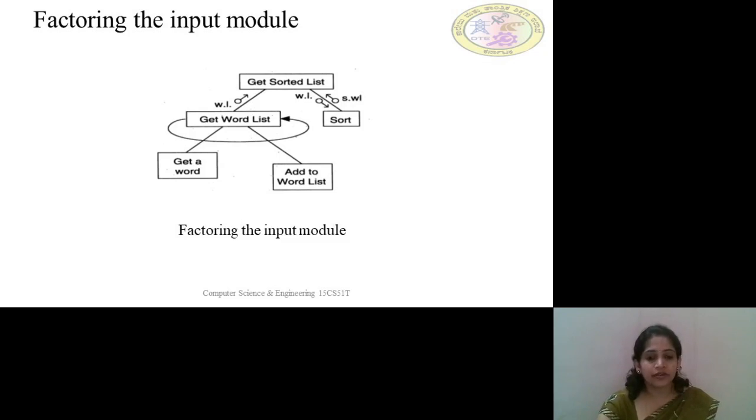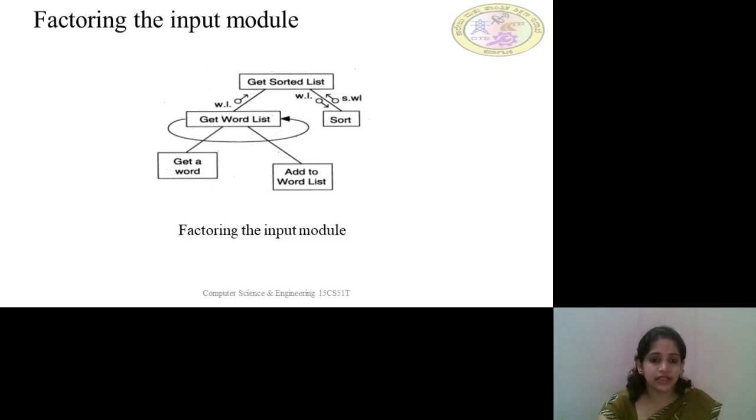Again we are factorizing it into get word list. So from get sorted list we are getting the word list. After getting the word list, we can sort it out. I can get a word. If a word is different, then add it to the word list. Then sort.